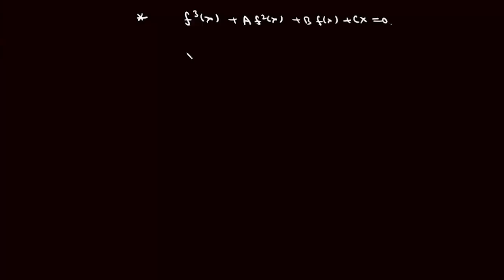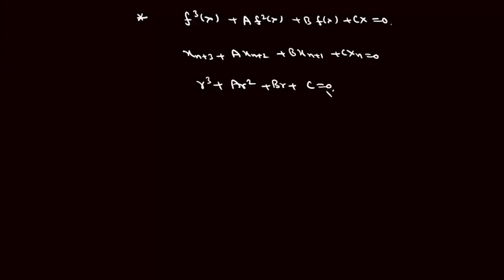So here we'll have this recurrence x_{n+3} plus a x_{n+2} plus b x_{n+1} plus c x_n equals 0. And then our characteristic equation will be r cubed plus a r squared plus br plus c equals 0. And we can solve it in the same way.